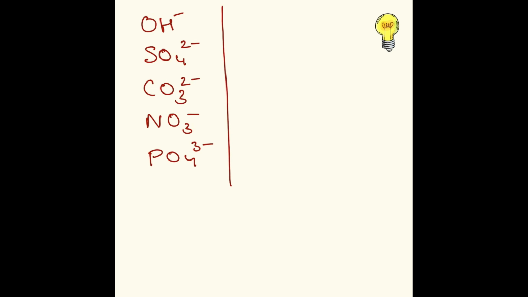Just understand that these are group ions which have an overall charge and they are acting as a single ion. OH has a valency of 1, sulfate has a valency of 2, carbonate has a valency of 2, nitrate has a valency of 1, and phosphate has a valency of 3.